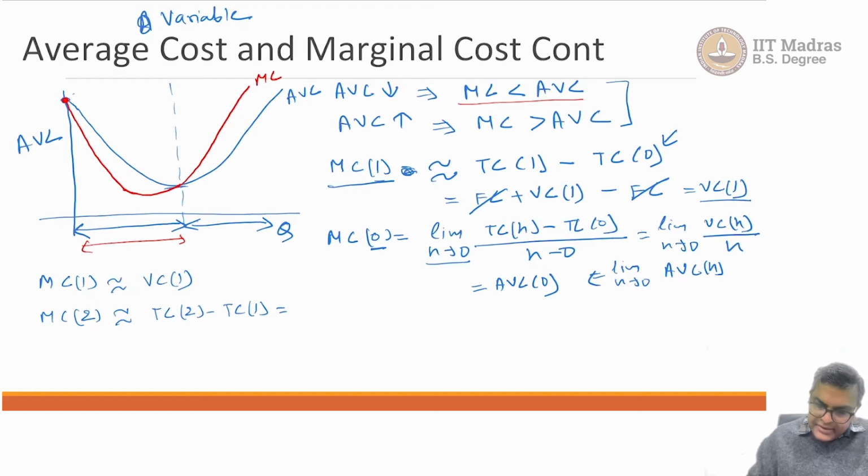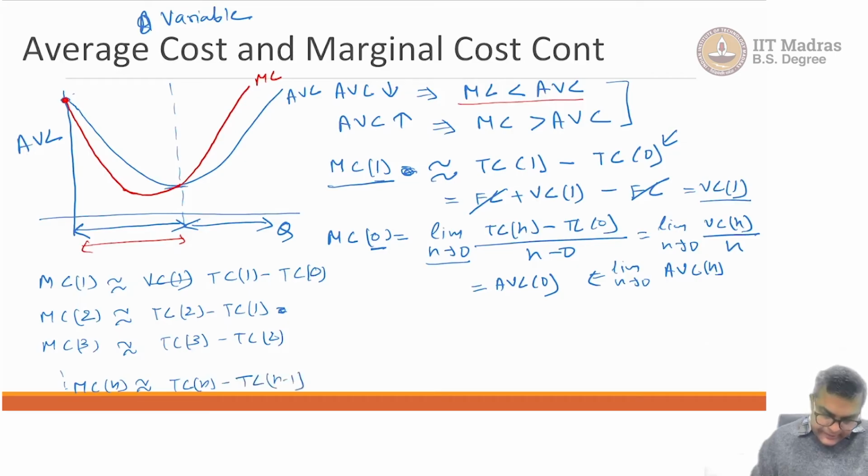We can leave it like this, or here also we can write TC1 minus TC0, and MC3 is going to be TC3 minus TC2, and so on. MCn is going to be TCn minus TCn minus 1.